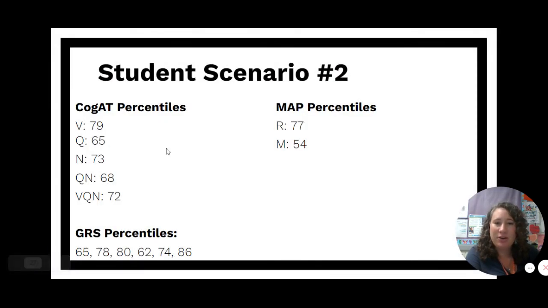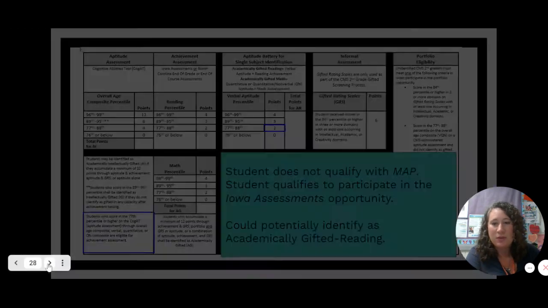Here's student scenario number 2 with COGAT percentiles: verbal of 79, quantitative of 65, nonverbal of 73, quantitative nonverbal 68, VQN composite of 72. The GRS percentiles are 65, 78, 80, 62, 74, and 86, and the MAP percentiles for reading at 77 and math at 54.